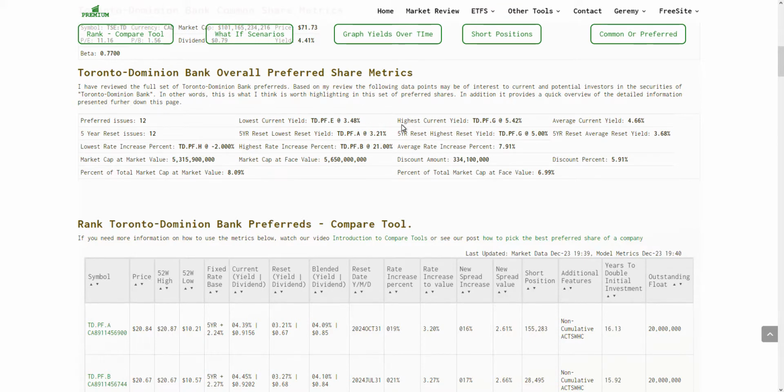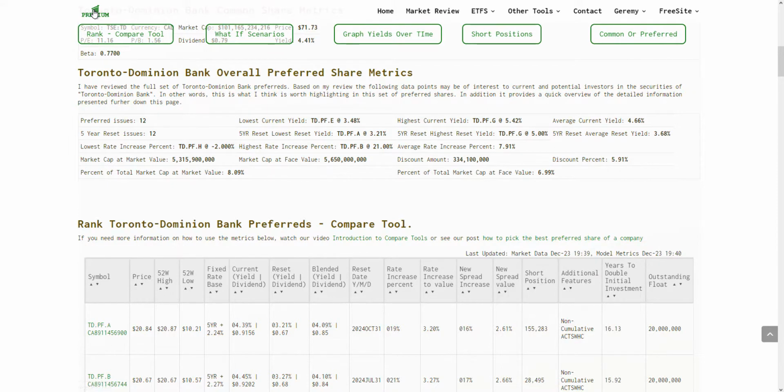The highest current yield is TD PFG at 5.42%. The average current yield is 4.66%, and the 5-year reset average yield is 3.68%.